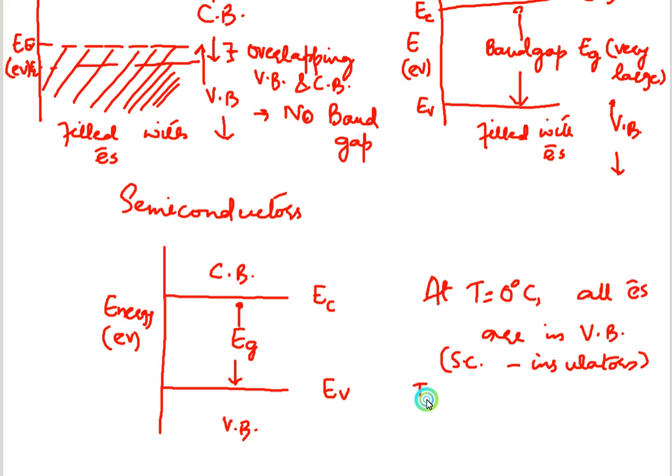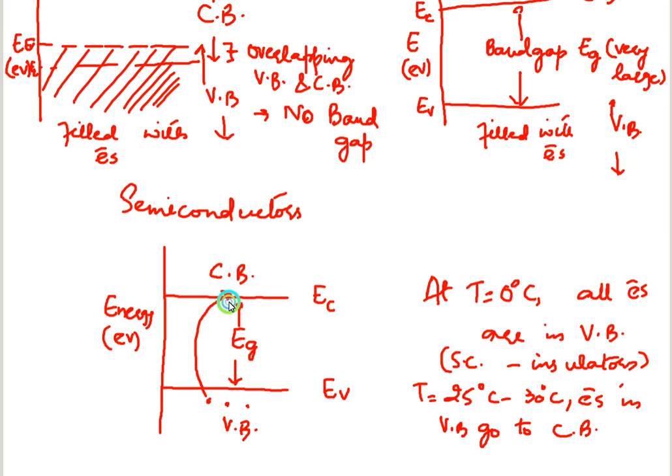But when the temperature is, for example, 25 to 30 degrees Celsius, that is room temperature, then electrons in the valence band go to the conduction band. They gain some energy and go to the conduction band like this. And here they become free electrons.